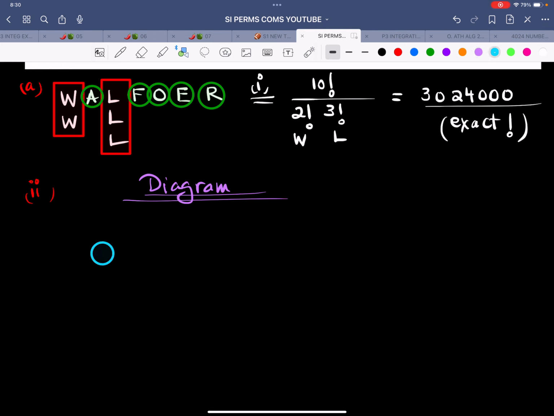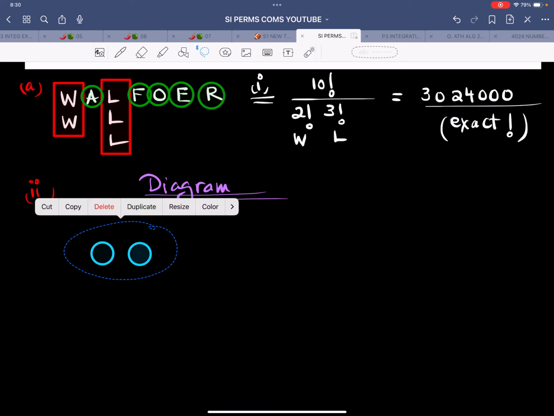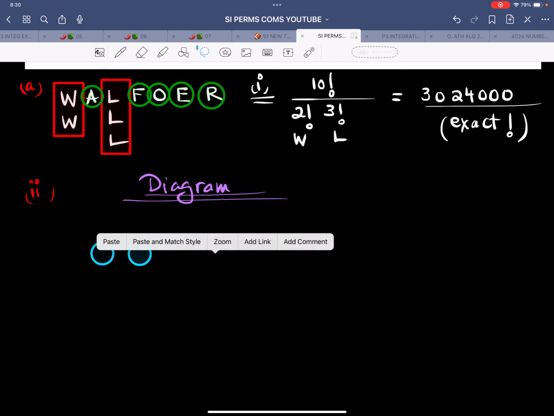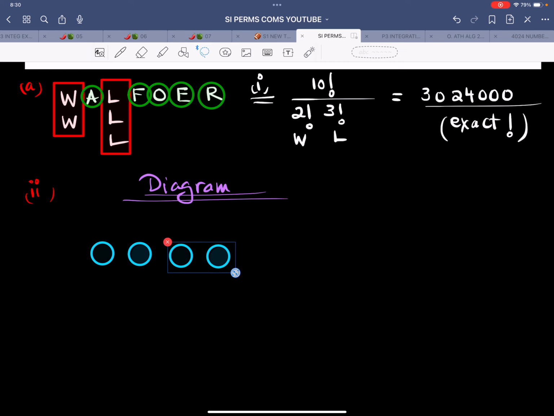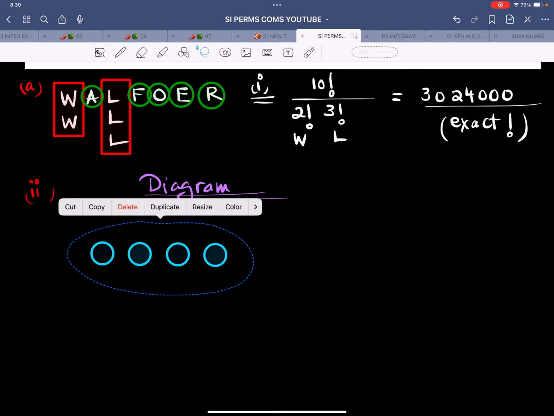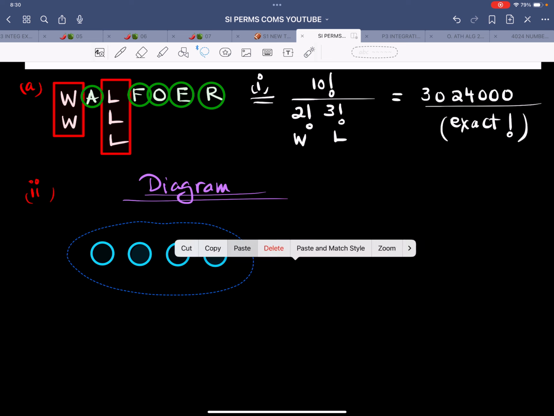This is 1, this is 2, and actually let me just copy this and paste it over here, and let me choose these 2 and then copy it and then paste it over here, and let me just copy these 4 and paste it over here.